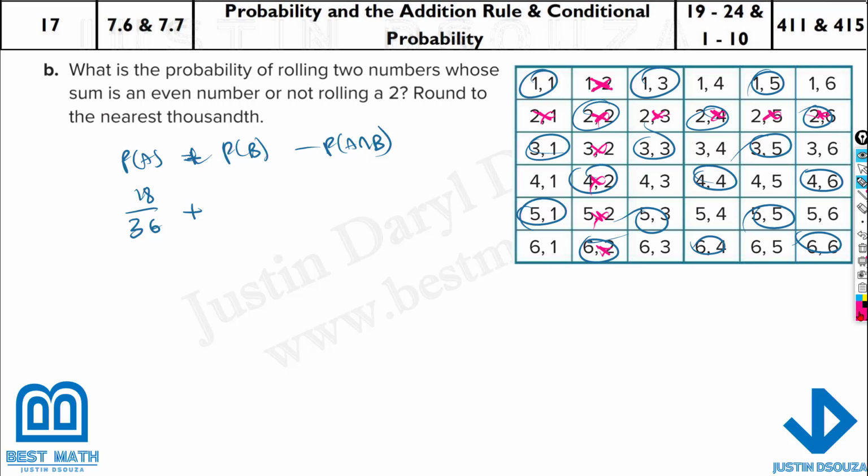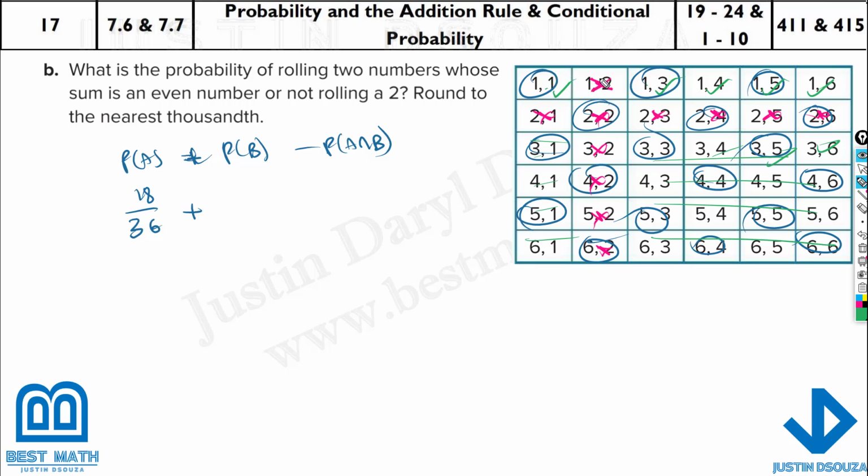All the other values are included, so I'll just draw lines like this. Other than these pink cross marks, all of them are included. So which are those? 1 1, 1 3, 1 4, whichever doesn't have 2, isn't it?